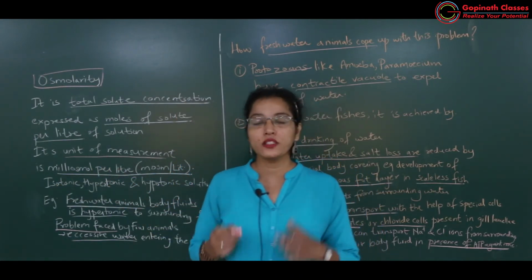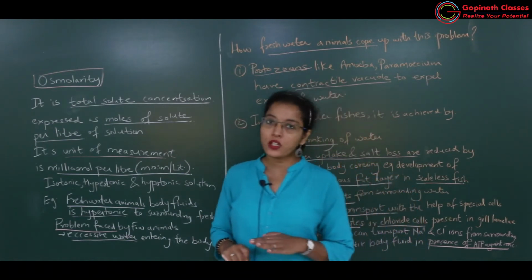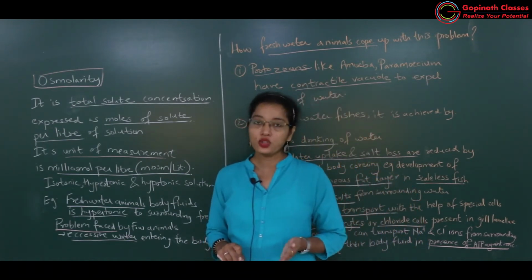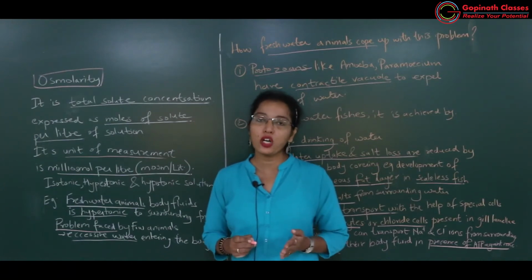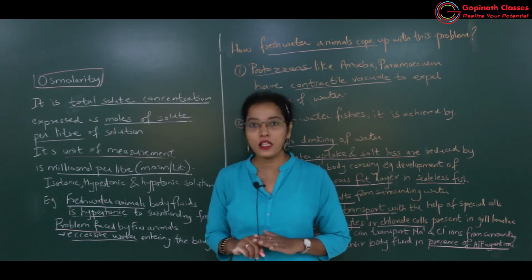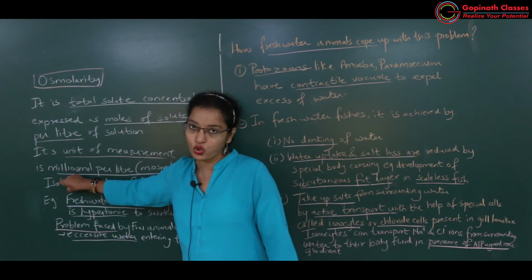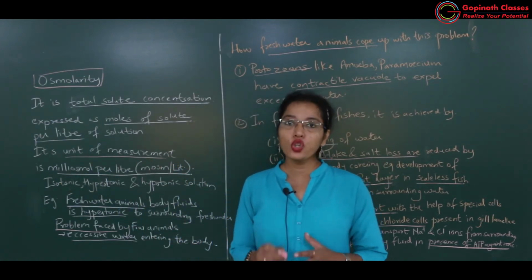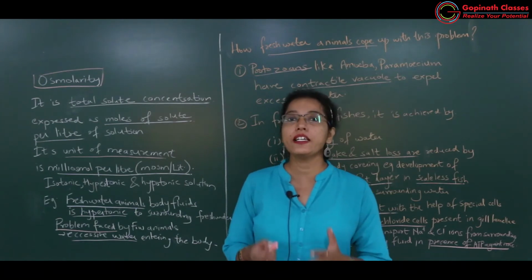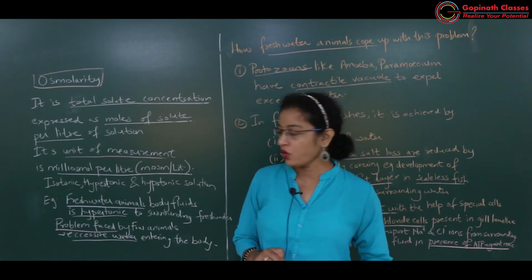The solute concentration is the same as that of the extracellular fluid. So, the concentration of the intracellular fluid and the concentration of the extracellular fluid remain the same, then you will call it an isotonic solution. In an isotonic solution, constant solute concentration is there in the intracellular fluid as well as the extracellular fluid. Okay.